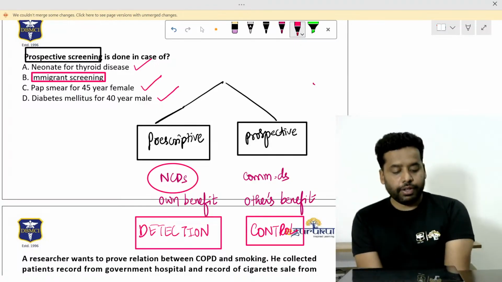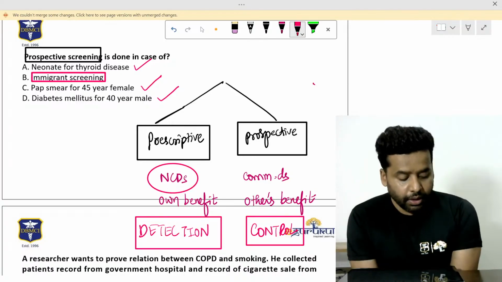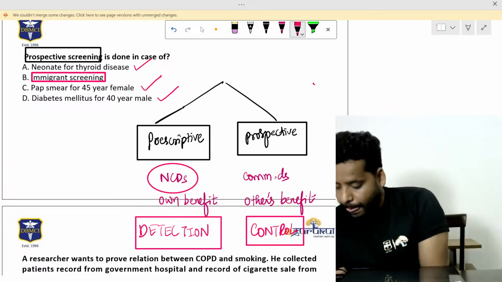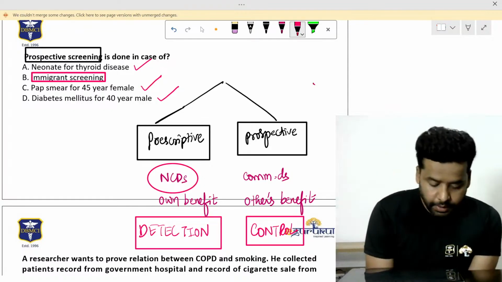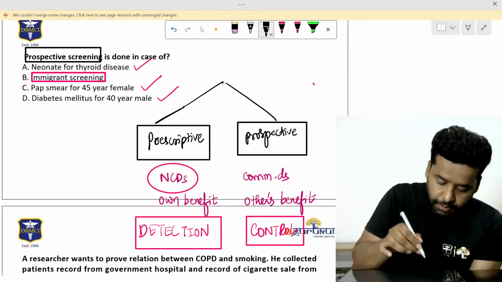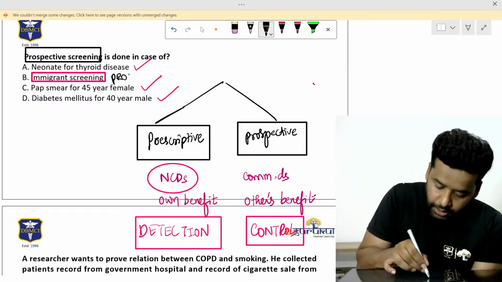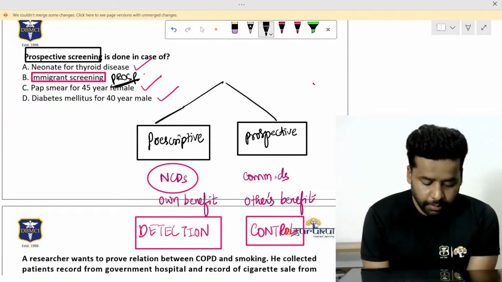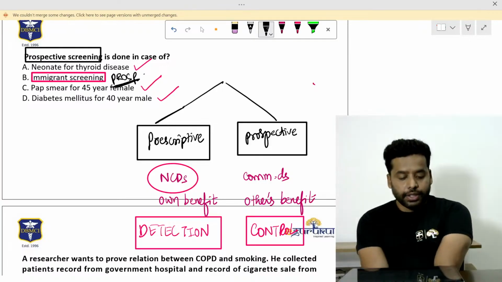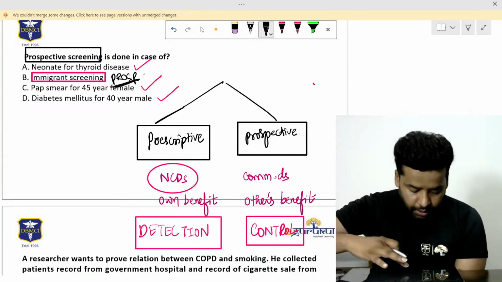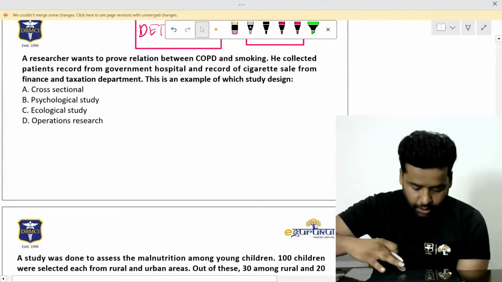So if I am screening immigrants for any disease, it will go under prospective screening. Write this down: immigrants are prospective, everything else is prescriptive. Now tell me the question: if I screen COVID in travelers, what type of screening is it?